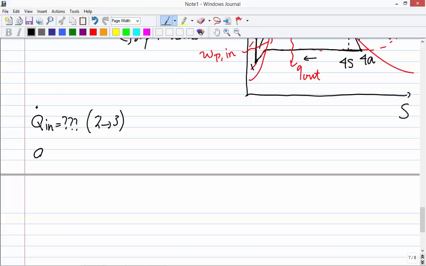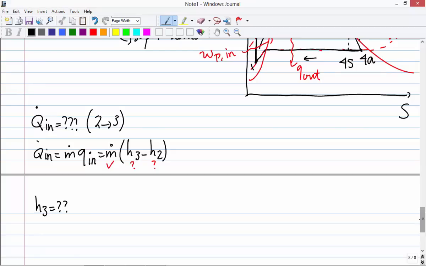I know that Q dot in equals the mass flow rate times little q in, which, as I showed you before in the equations, is H3 minus H2. I have m dot, but I have nothing else. So I should solve for this guy.